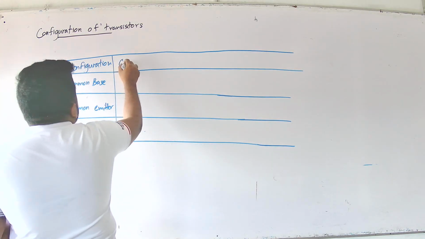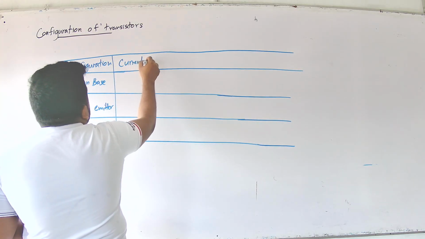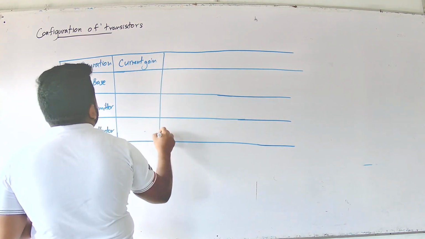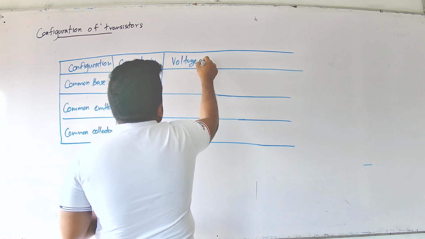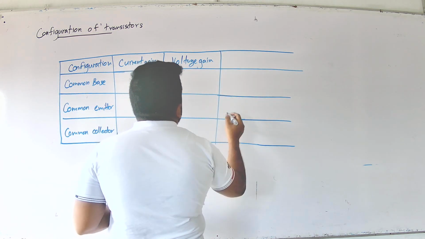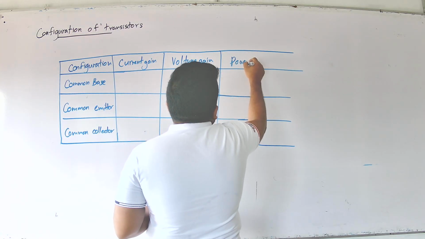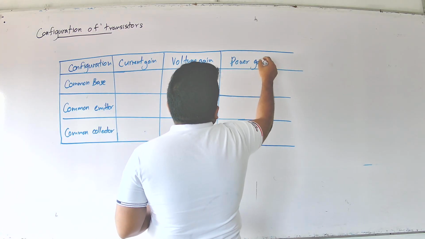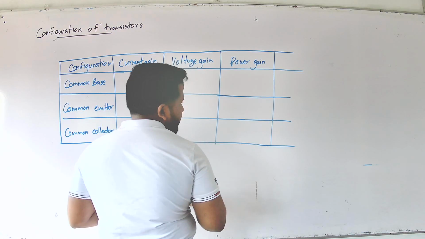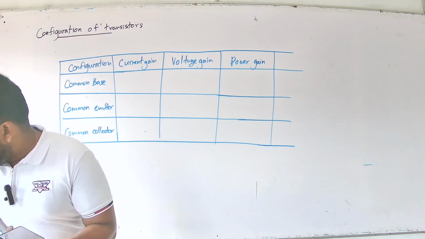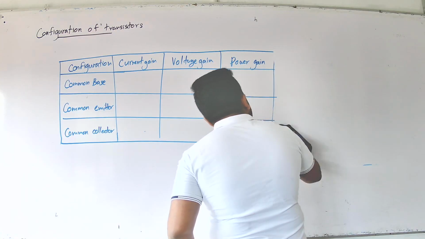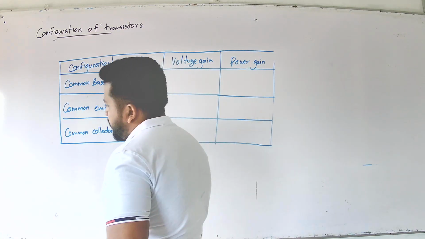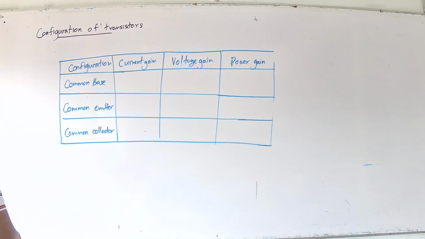So current gain, voltage gain, power gain. Okay, we can identify these three parameters. So, but we have the idea about what the voltage gain and power gain are.